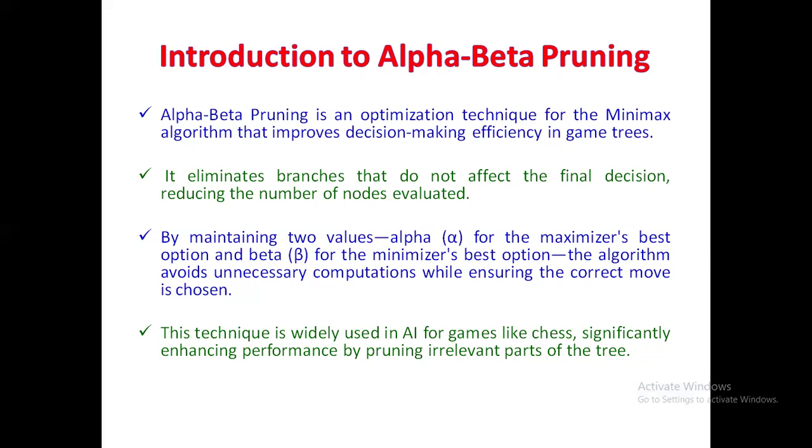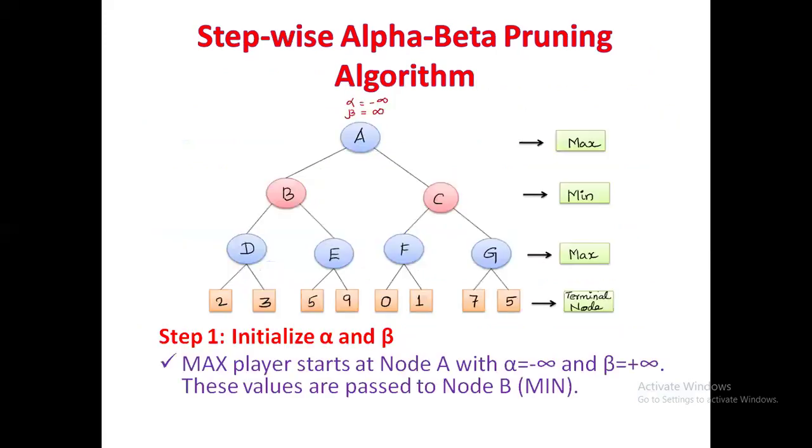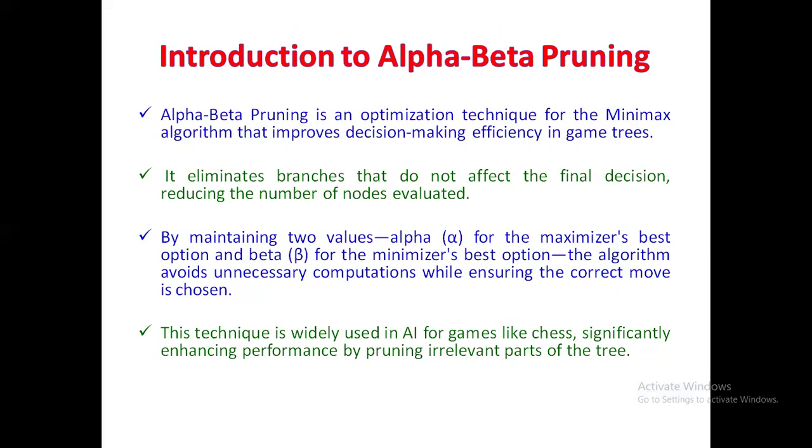As the algorithm explores the game tree, it updates the values dynamically, ensuring that branches violating the condition alpha is greater than or equal to beta are pruned. This selective evaluation helps to avoid redundant computations and focuses on the most promising path.